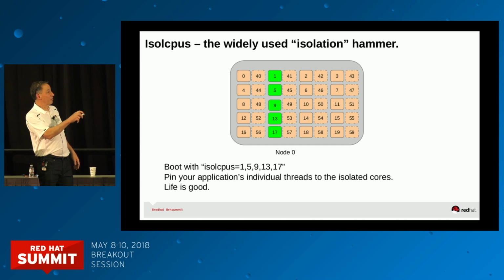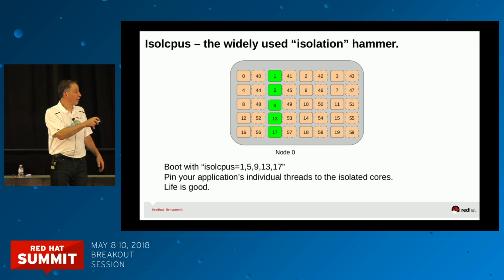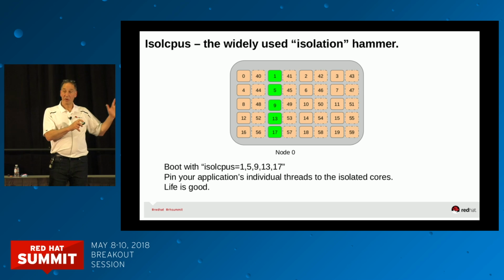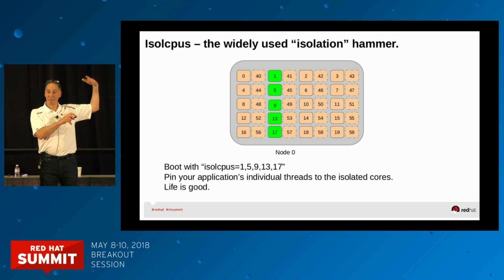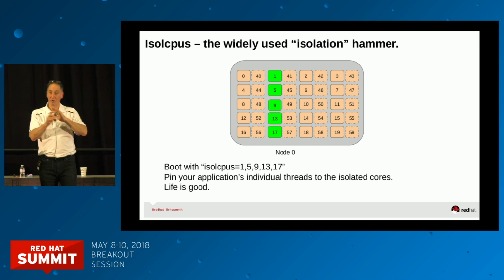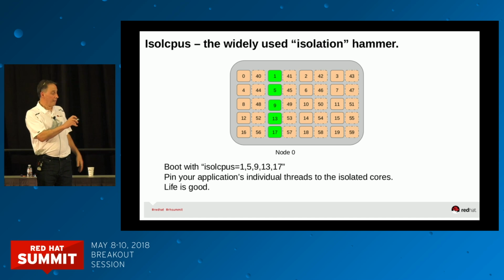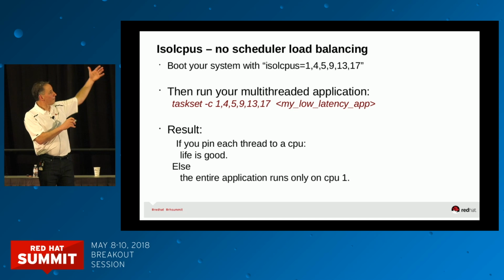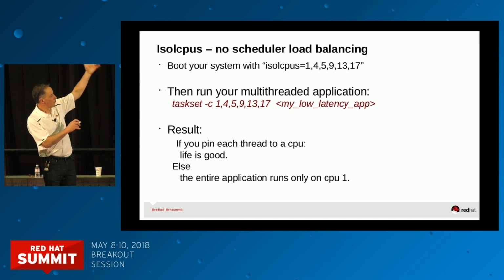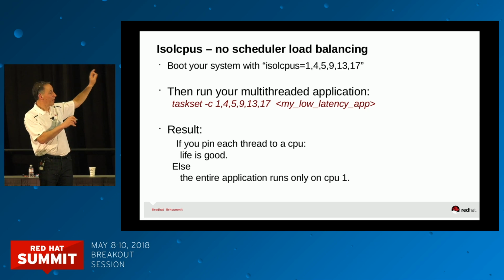For example, if you say, all right, I want to isolate these 4 CPUs in green, you add this flag to your kernel grub line, and when you're running, you pin your application to those. You have, let's say, 5 threads, and you pin them to each CPU, and your application runs seamlessly, and the kernel keeps things away, and life is good. You taskset it, and you run it, and everything's good.